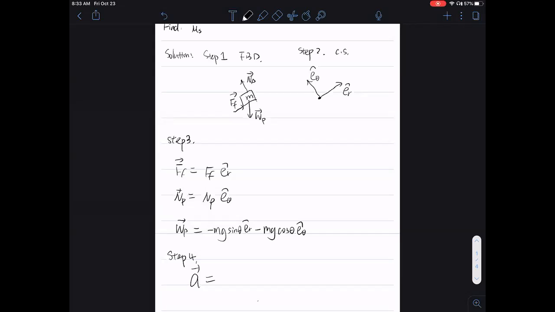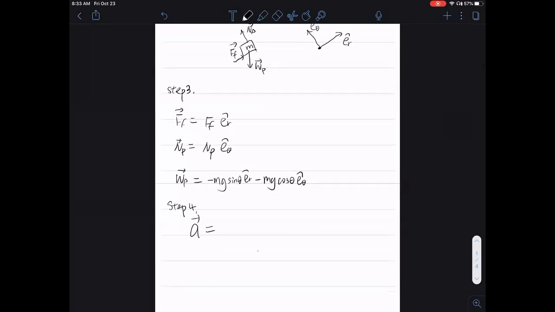That requires you to check your notes, Chapter 1. What is the equation for polar acceleration? So a, acceleration, equals (r double dot minus r theta dot squared) e_r plus (r theta double dot plus 2 r dot theta dot) e_theta.